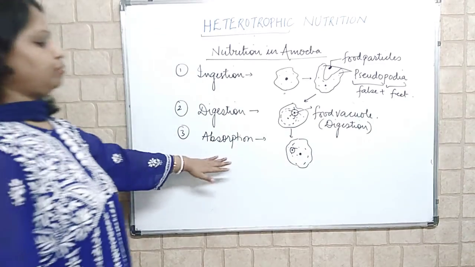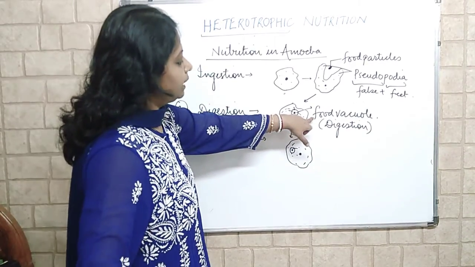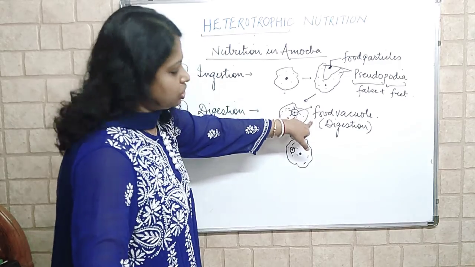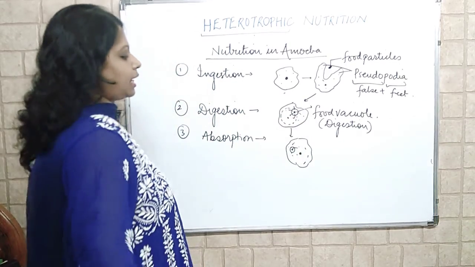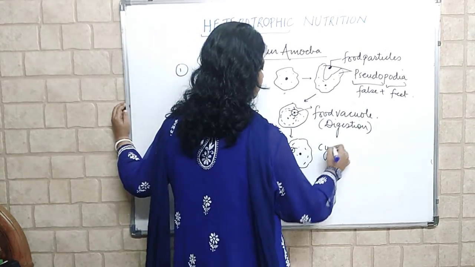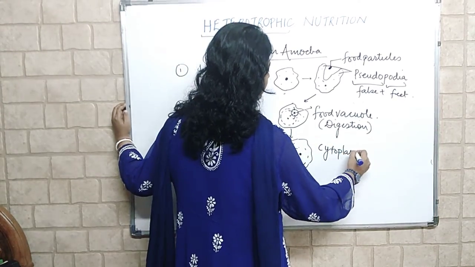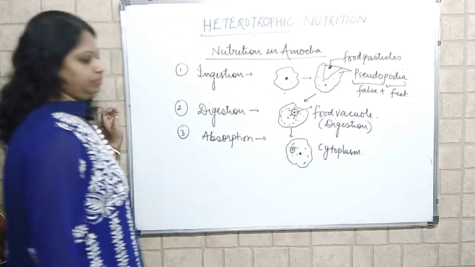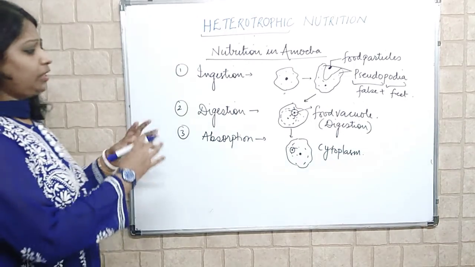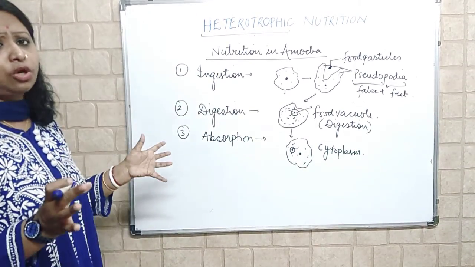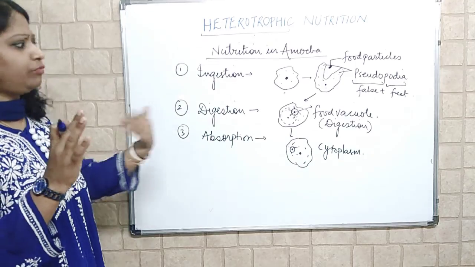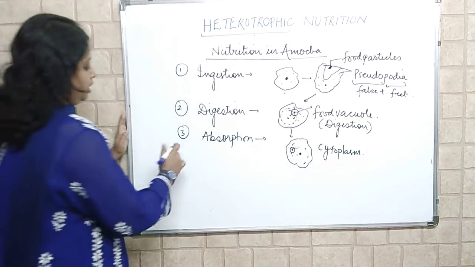That is absorption: the food material, whatever is there after digestion, enters the cytoplasm. From the vacuole, it is coming to the cytoplasm. That is known as absorption. They do not have any organ systems. They have only one cell, and one cell has to perform all the functions.